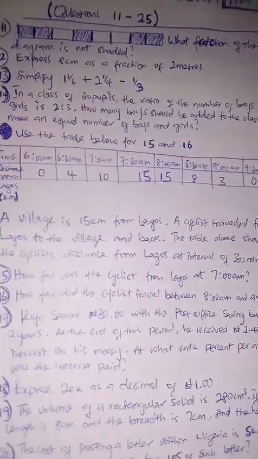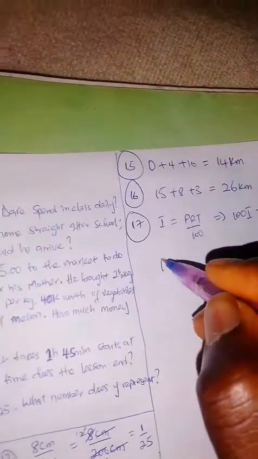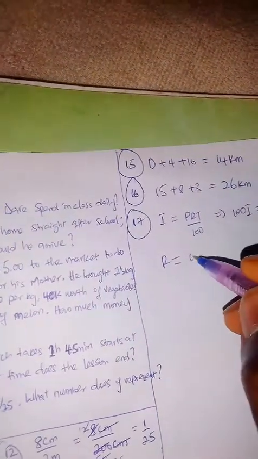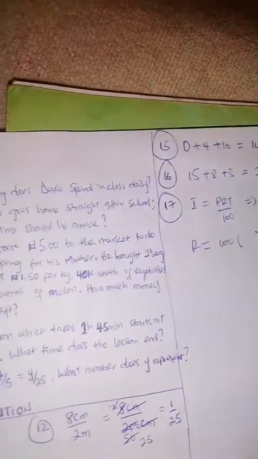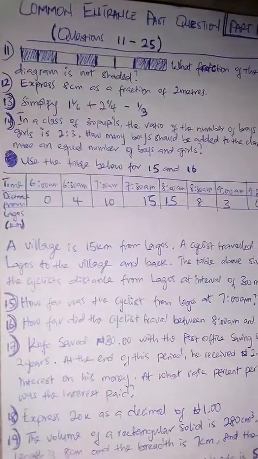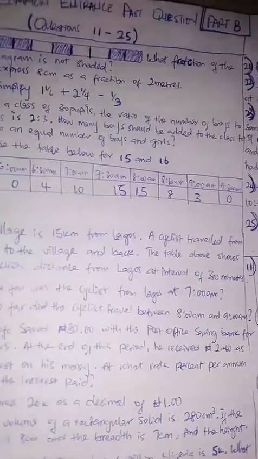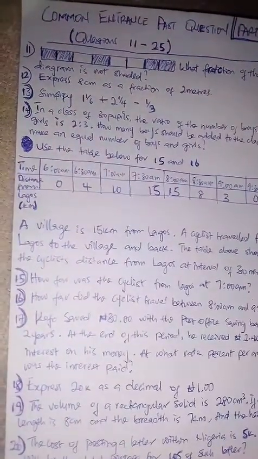Now, in this question, Kofo saved 13 naira. My principal is 13 naira. So I'm going to have R equals 100 times whatever my I is over P, which is 13 naira. Saving for 2 years, time is 2 years.